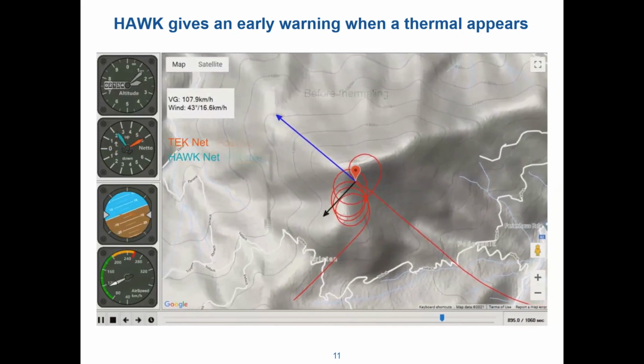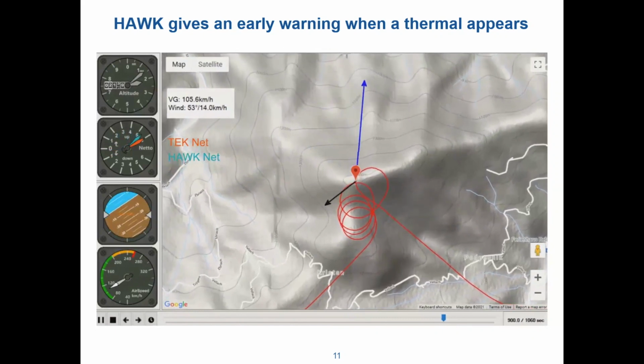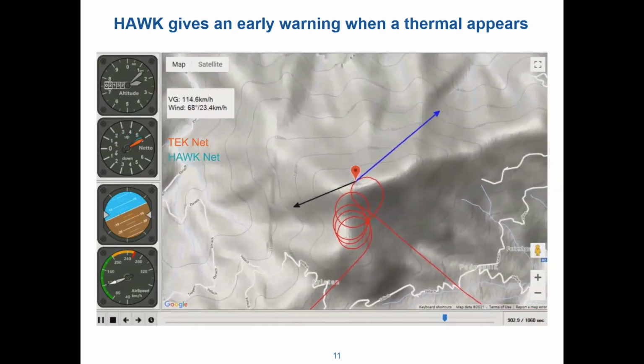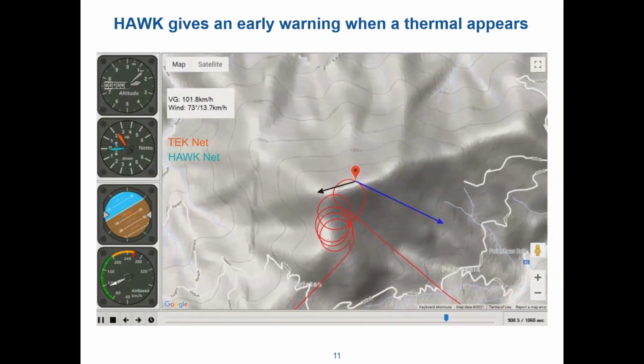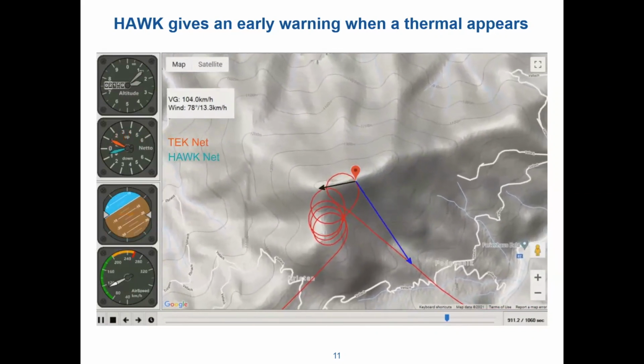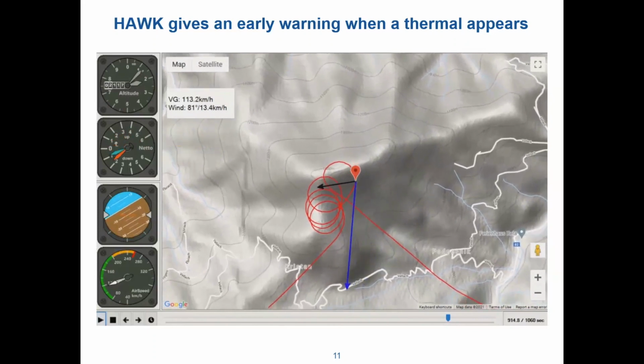Later on, with a false reading, Hawk follows, the tech follows. Then they shortly agree. Let's run that again and also look at the wind.